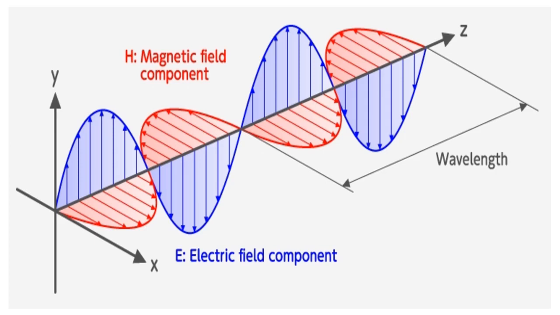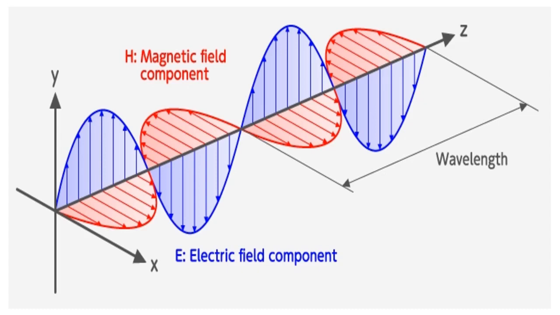Whatever we learnt about electromagnetic waves, let us correlate it with this diagram. We are aware that in electromagnetic waves, the magnetic field component as well as the electric field component are perpendicular to each other. Here we are given three axes, x-axis, y-axis and z-axis.